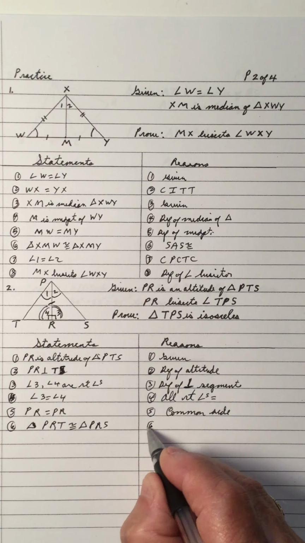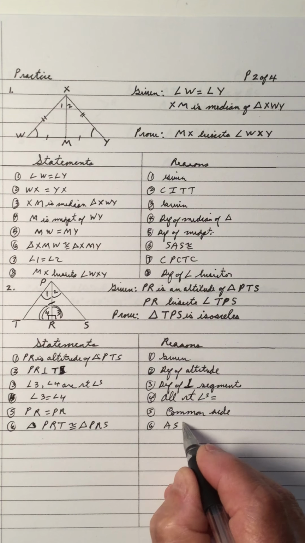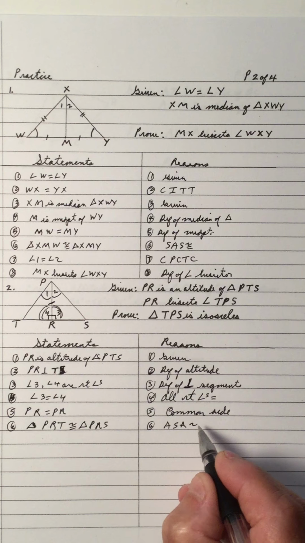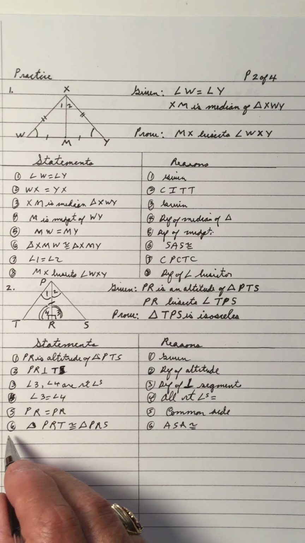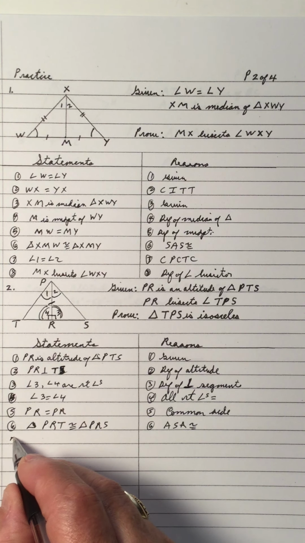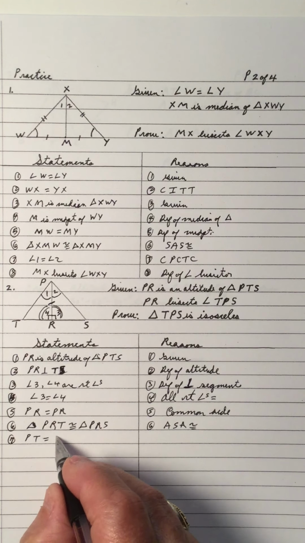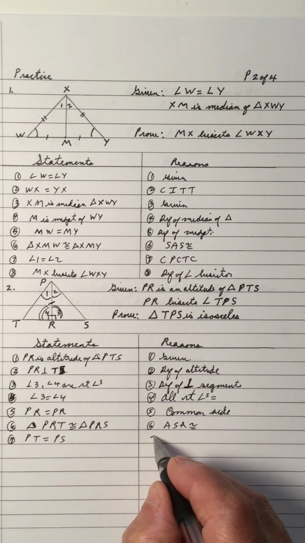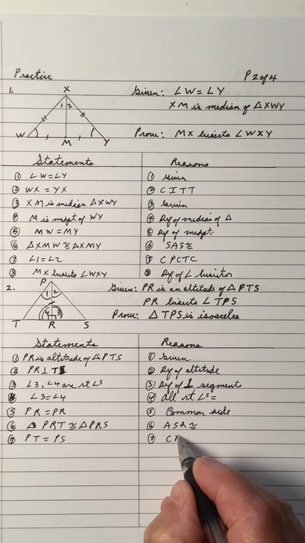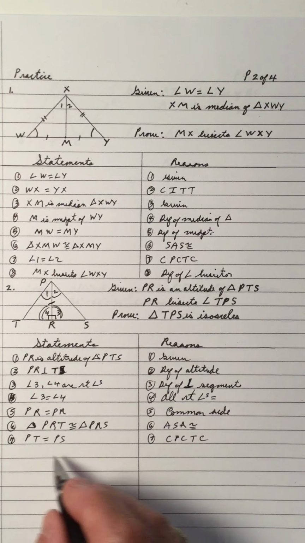PRS, and it's an ASA congruency. And as a result of being congruent, we have PT equals PS, CPCTC.